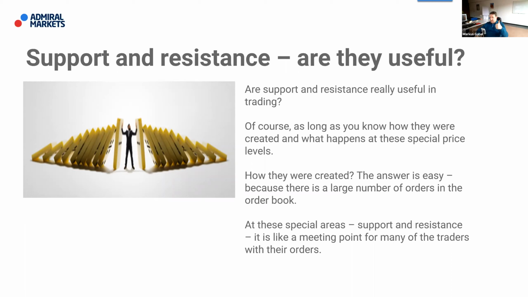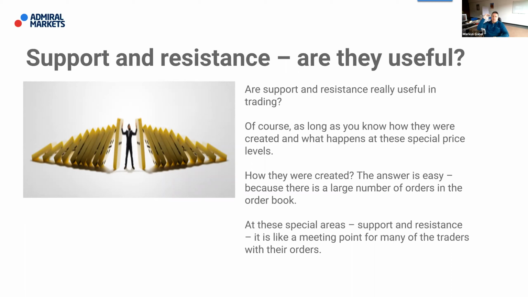The price increases because you have more buyers, or decreases because you have more sellers. Now, if you think it through correctly, you can understand the behavior of the price at a resistance, like a ceiling, or a support. Because at such special areas, support and resistance, there is a so-called meeting point for many traders with their orders.